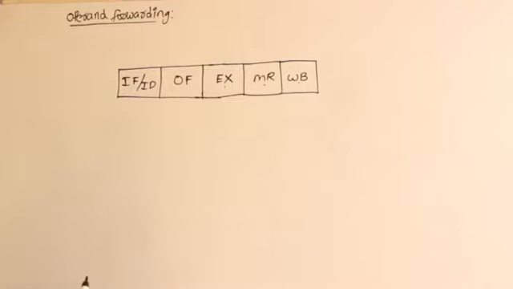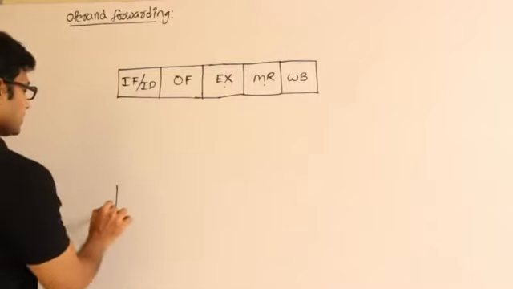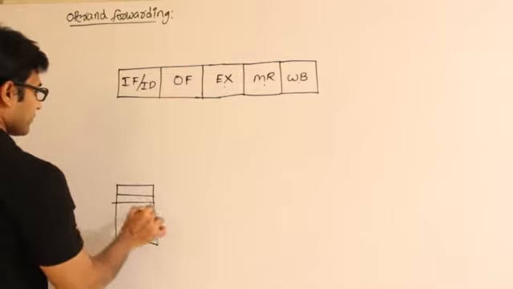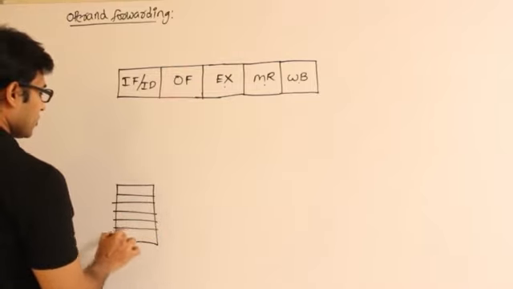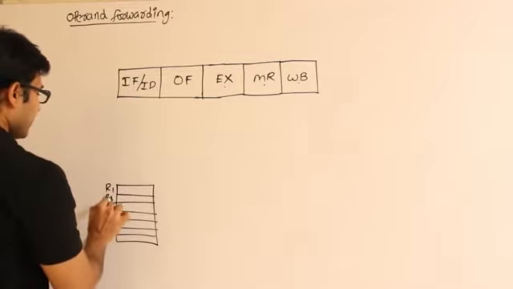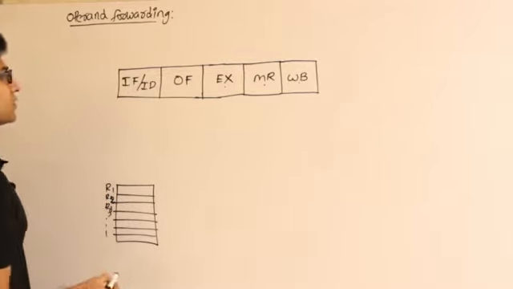If you want to understand what is going to happen here, you can think of it like this. We are going to have a register file, and in the register file we have all the registers like R1, R2, R3, and so on. All these registers will be available.